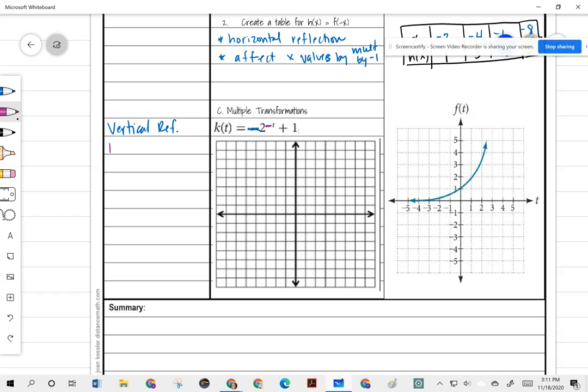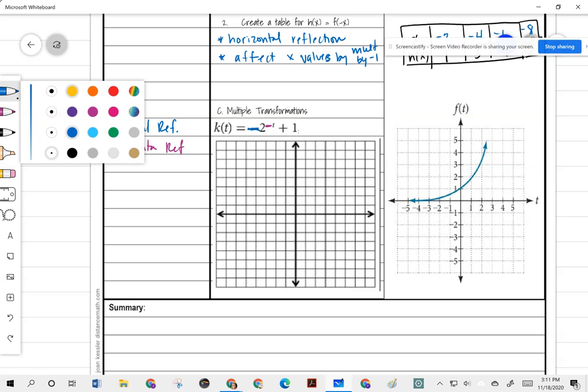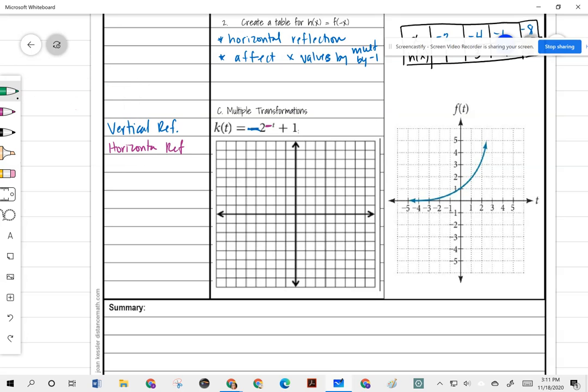So we also have a horizontal reflection. And then we also have, let me do a different color for that, that +1 that we've got to think about. And so that's going to give us that vertical shift.